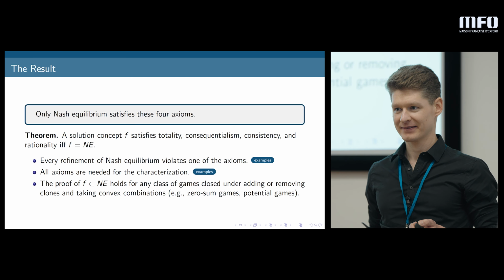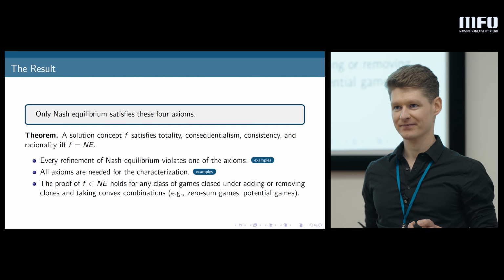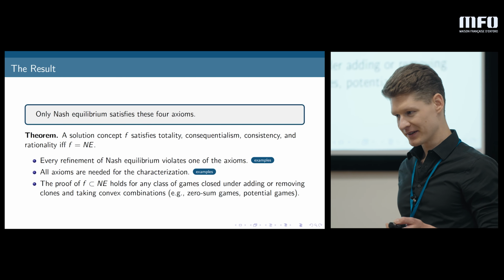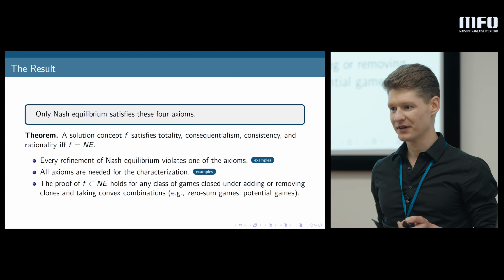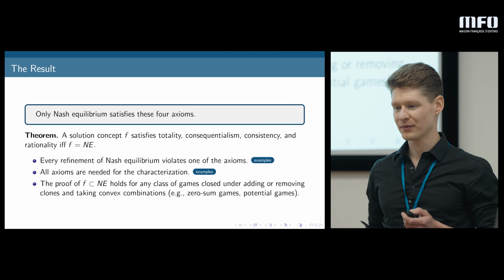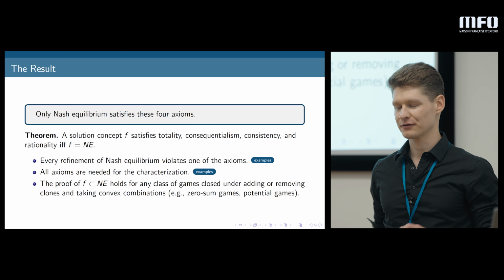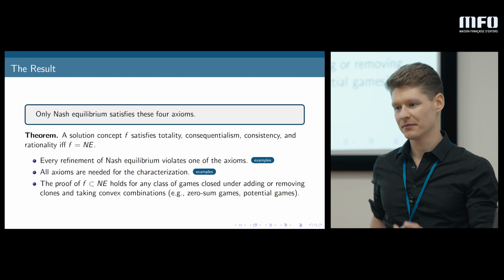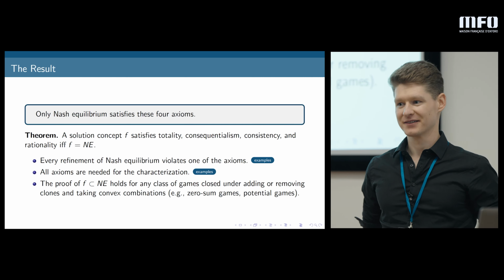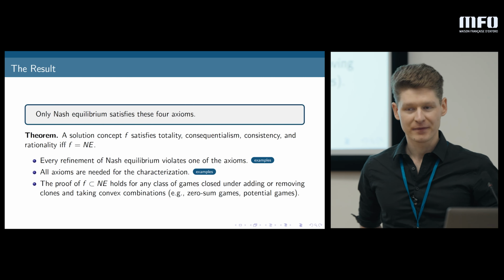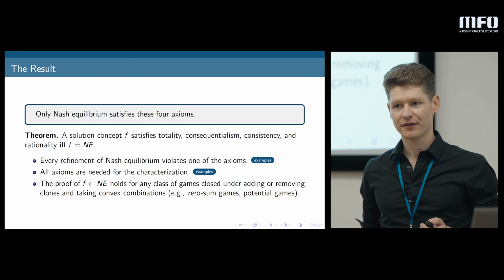I don't know whether you want to get into the justification of the axioms, but that seems to me a relevant issue. I agree that the consistency axiom is the one that drives most of the result and the one that's most controversial. There is this interpretation of randomizing over different games that I find somewhat convincing. But somewhere you need to get some leverage. Good. So all of these axioms are needed for the characterization.